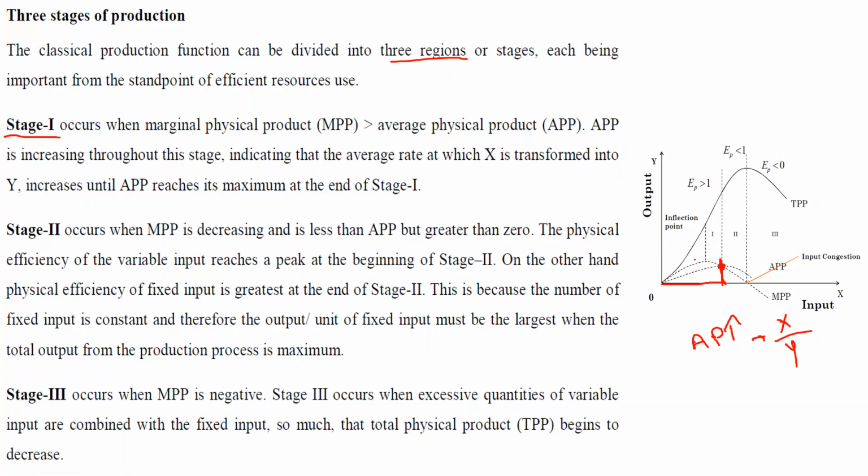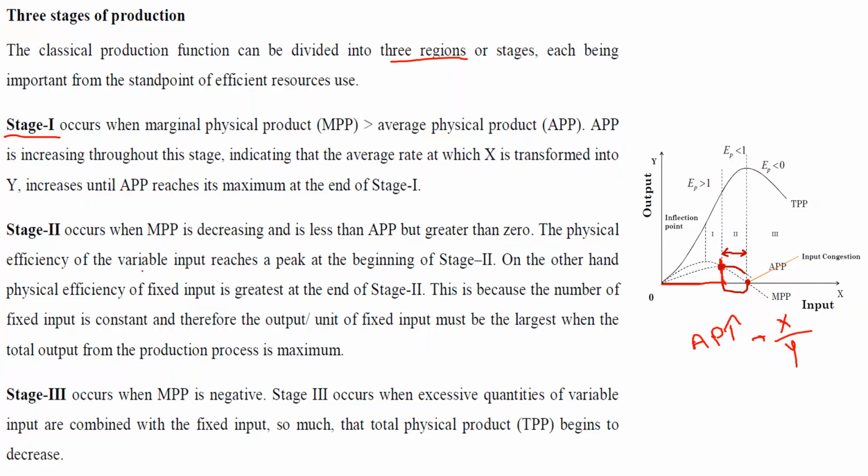Now this is the second region here, from the point where AP was maximum to the point where MP becomes 0. In this region APP, that is average physical product, is greater than the marginal product, but marginal product is greater than 0. So this is the second region of production.